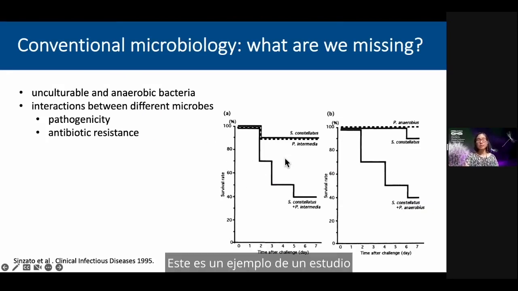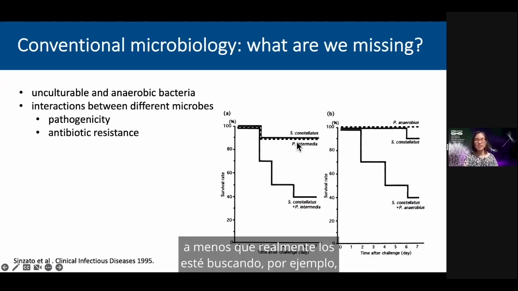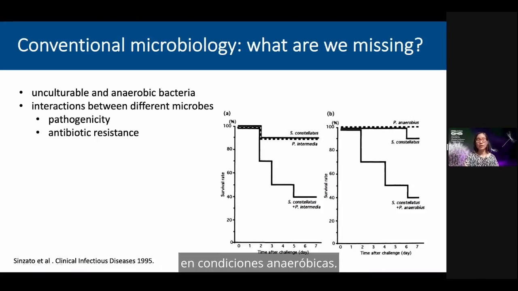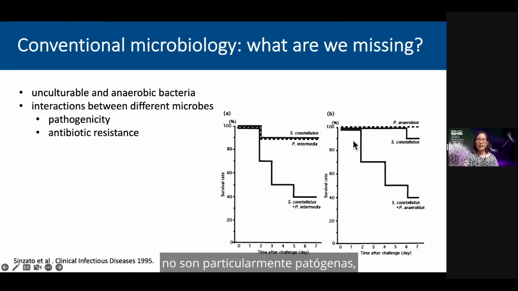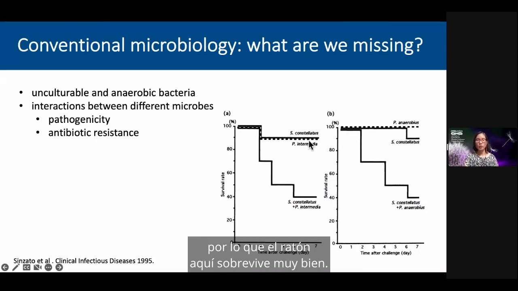So this is an example of a study done quite a while ago, but that was elegant. This is in a mouse infection, and they infected a mouse with bacteria that are commonly found in the mouth. It's Streptococcus species or Prevotella. These are anaerobes. These are not commonly cultured unless you're really looking for them, for example, under anaerobic conditions. On their own, they found that these bacteria were not particularly pathogenic, so the mouse here survives very well.